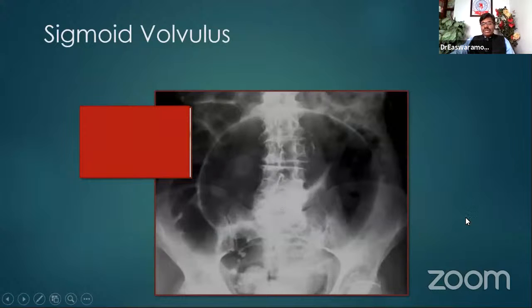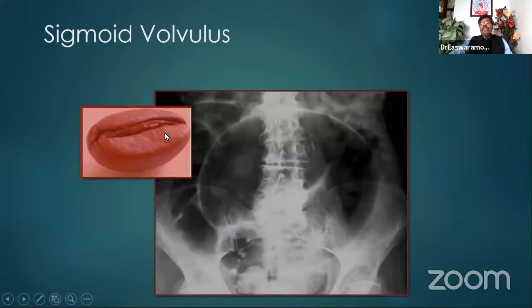Sometimes they are more horizontally located, like a coffee bean sign. So these are all three names described for a single large gas-filled loop centrally occupying the abdomen. It looks like a coffee bean or an inner tube, whatever way you describe. That is a classical appearance of sigmoid volvulus.